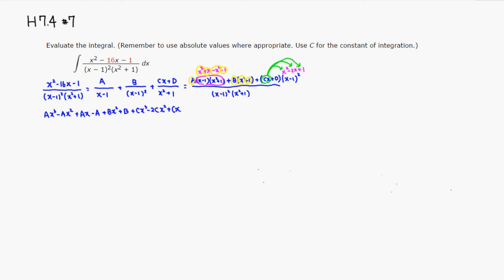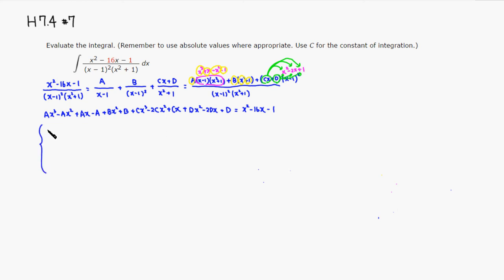Then I'm going to distribute d to all three terms: plus dx squared minus 2dx plus d. And this is equal to the original numerator, which is x squared minus 16x minus 1.